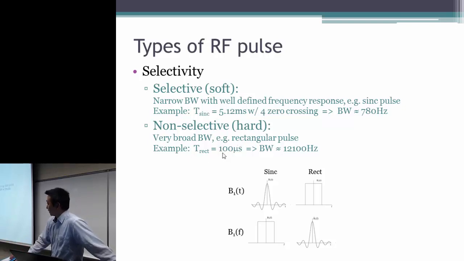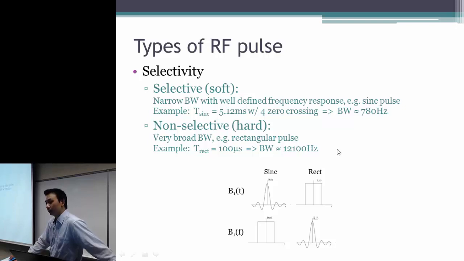For example, you can apply this hard pulse with a duration as short as 50 microseconds. It will give you a very wide bandwidth, on the order of 10 kHz, which will basically cover all the possible frequency components that an object inside the magnet can have. So basically, it will excite everything.